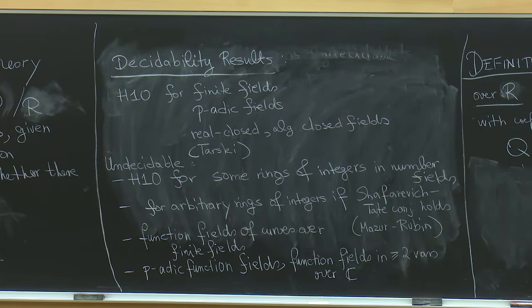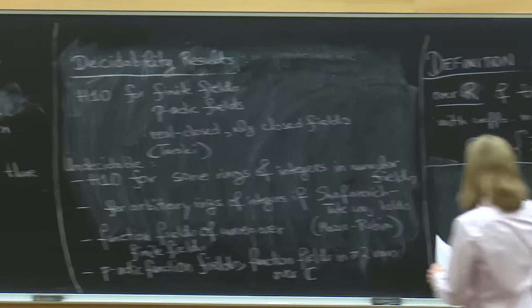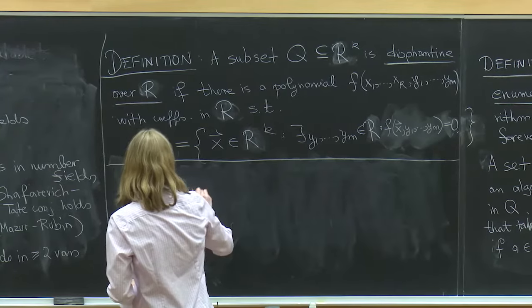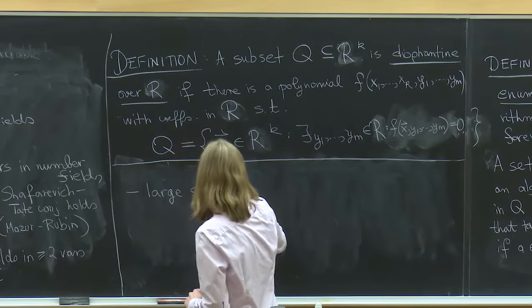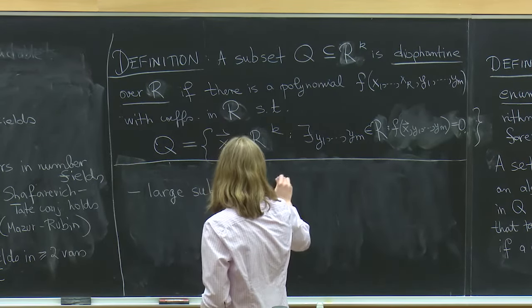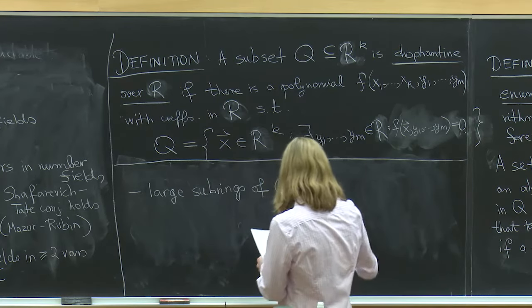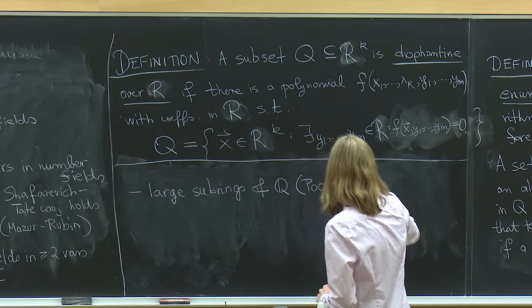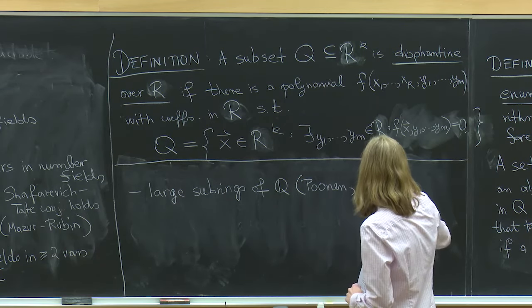And so what I want to talk about today a little bit is how close we can actually get to Q. We can get certain large subrings of Q for which the problem is still undecidable. This was done by Poonen, and then a generalization by myself and Graham Everest.